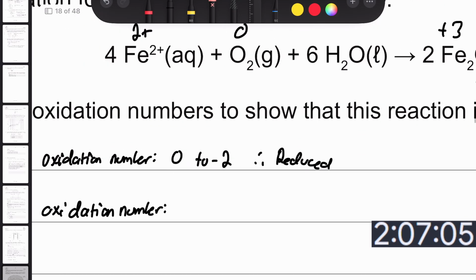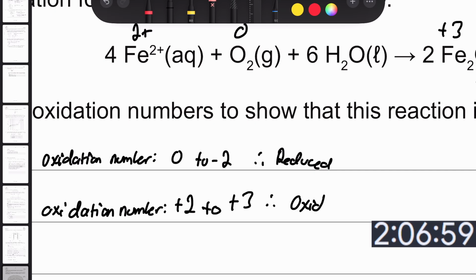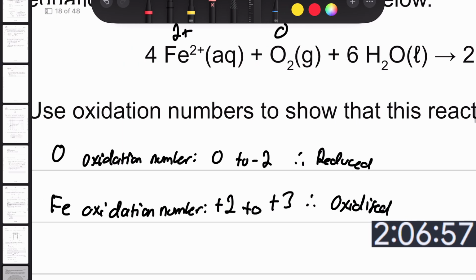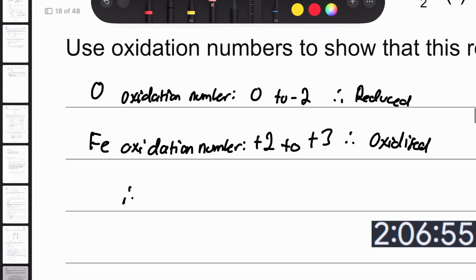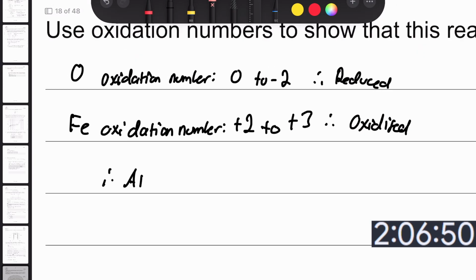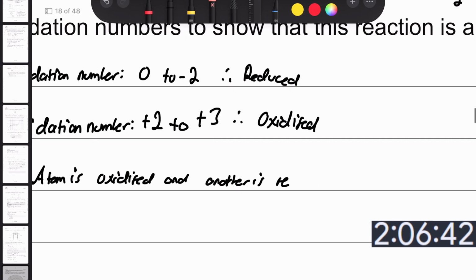So it goes from +2 to +3, therefore oxidized. Therefore, an atom is oxidized and another is reduced, therefore redox.